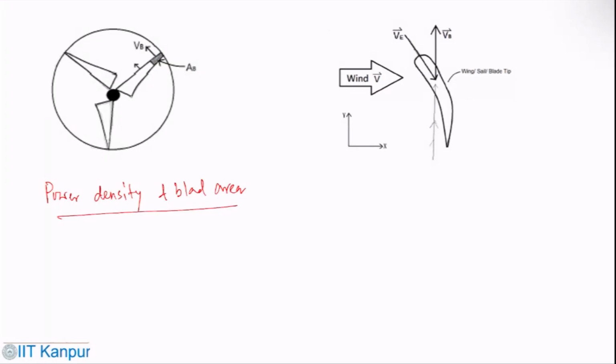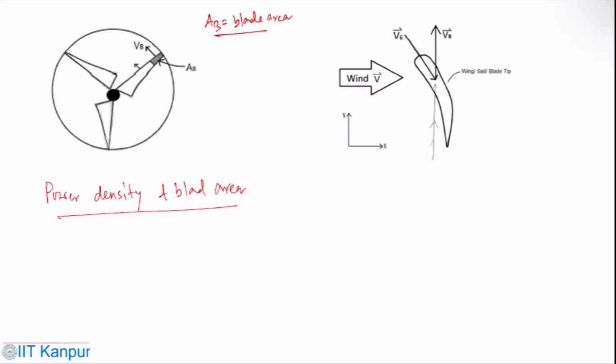Let us try to estimate how much power can be captured by a given blade area AB. Here AB is the blade area. And for this given blade area, how much power can be captured?